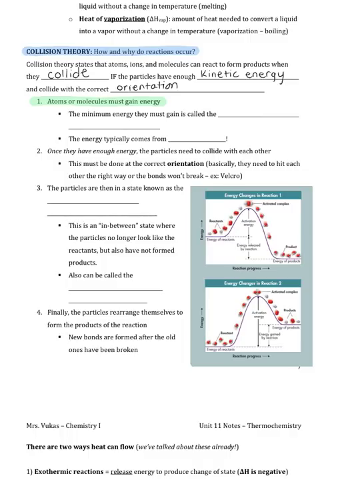The minimum energy that they have to gain is called the activation energy, sometimes written as E sub A. That should make sense because it's the minimum energy needed to activate the reaction, or what's needed for everything to start. The reason we talk about this in this unit is because that energy typically comes from heat.